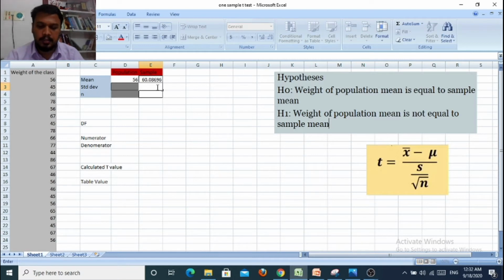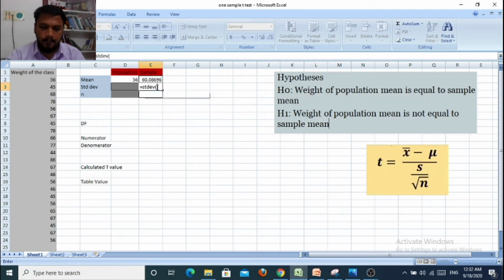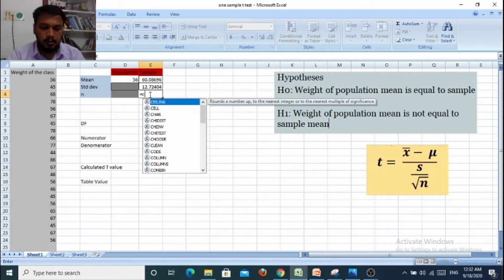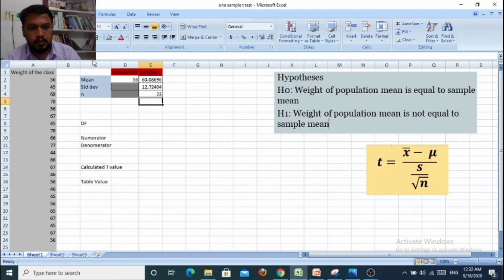Next you want the standard deviation: equal to STDEV, bracket, select all the sample weights, close the bracket, enter, and you get the standard deviation. Now you require the number of samples. You just count the values of all the samples. 23 samples are there.